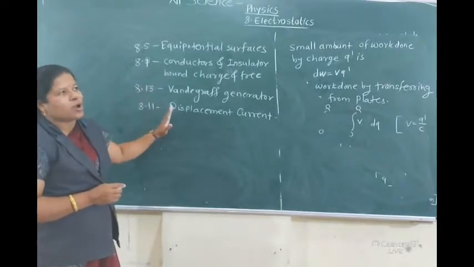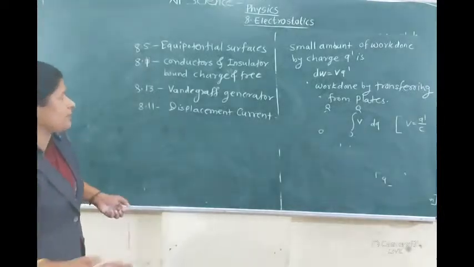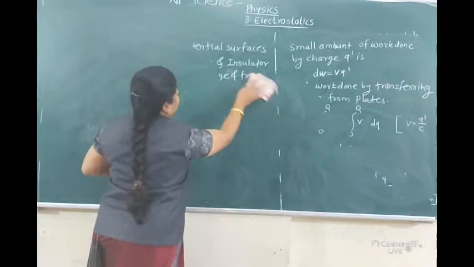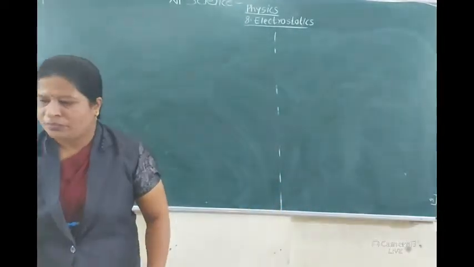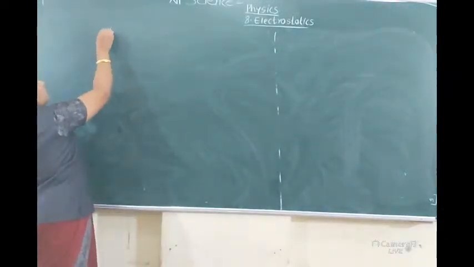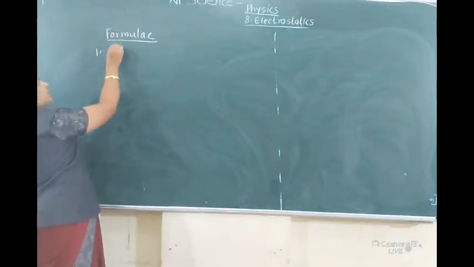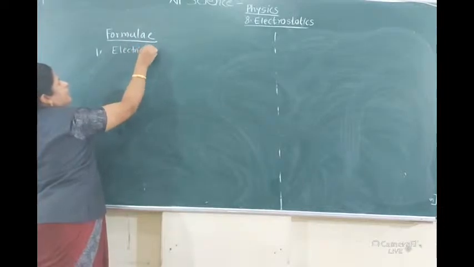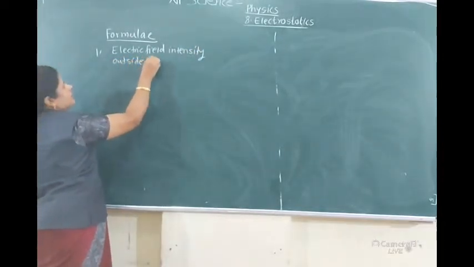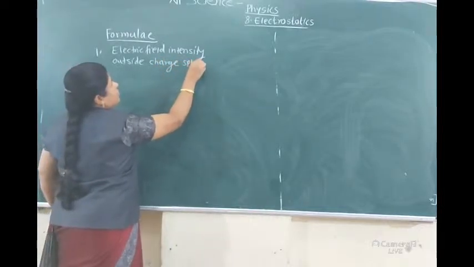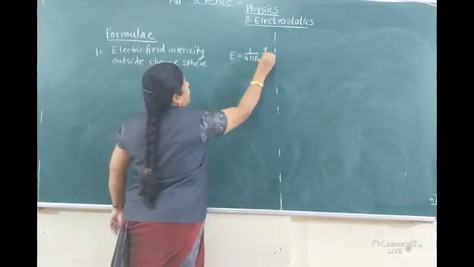So now we are going to solve the numericals. For this preparation we have to take formulae from the starting point of the chapter. So the first formula: the electric field intensity outside the charged sphere or hollow conductor, we get E is equal to 1 upon 4 pi epsilon 0 Q divided by R square.